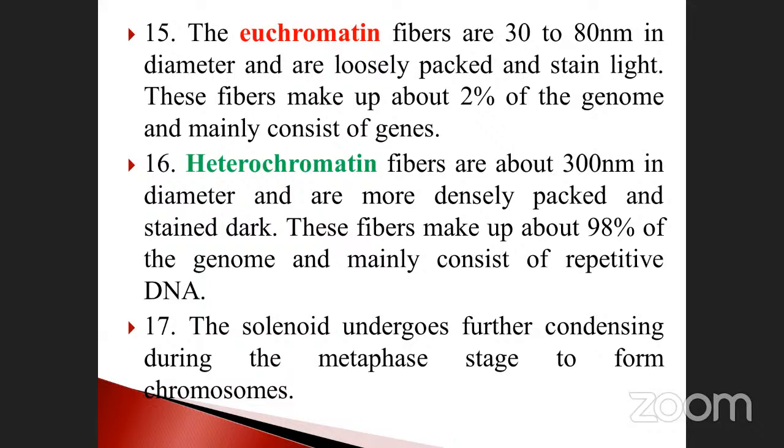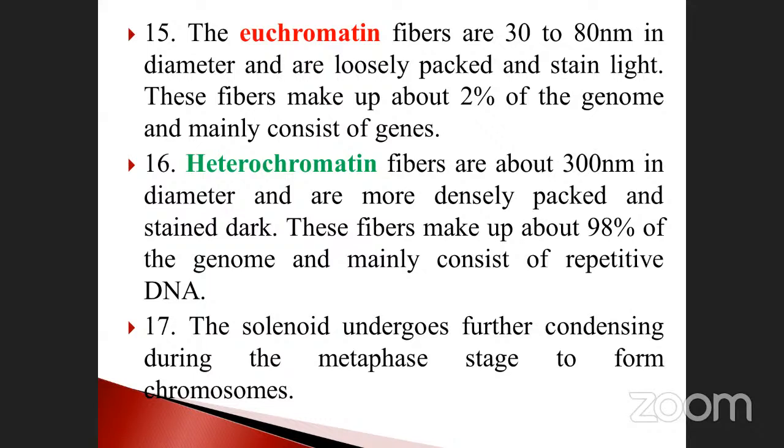The euchromatin fibers are 30 to 80 nanometer in diameter, loosely packed, and stain light. That is very, very important. When you stain euchromatin, what happens? It is a very light color in nature, loosely packed. That's why it is called euchromatin. These fibers make up about 2% of the genome and mainly consist of genes.